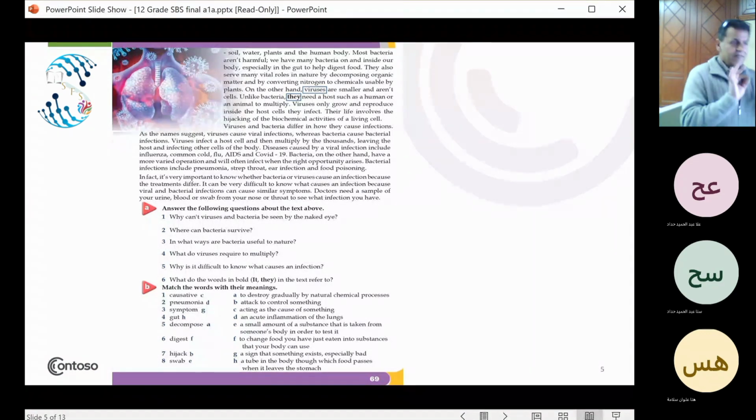Doctors need a sample of your urine or blood or a swab from your nose or throat to see what infection you have. So this is our lesson. It was about viruses and bacteria, and as we have studied, we are now aware of the differences between them.